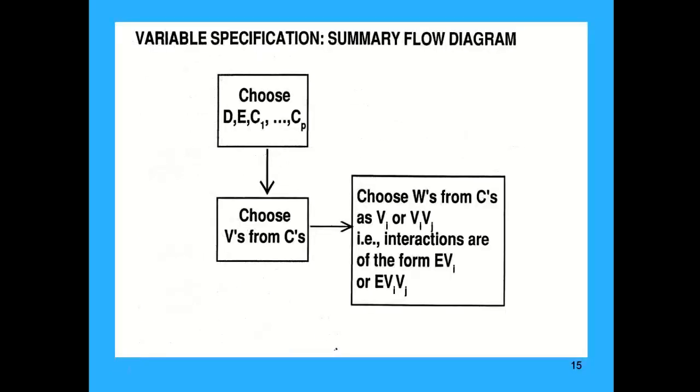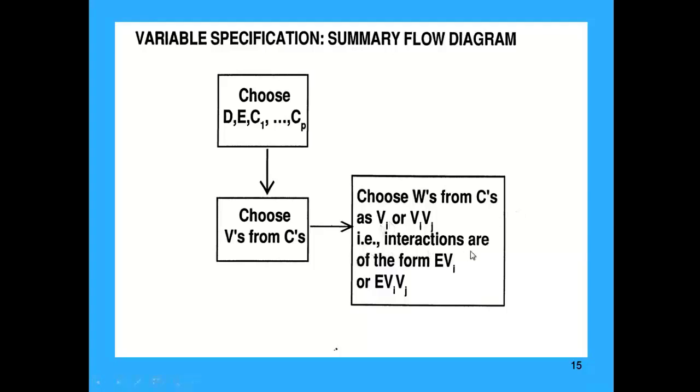Okay, so at the end of variable specification, this is where you're at. You're at this flow diagram situation where you started with D, E, and the C's, and then you're choosing the V's from the C's in some way, according to what I've recommended, and then you're choosing the W's from the C's as either Vi's, that's probably the simplest thing, or Vi times Vj's in addition to Vi's.